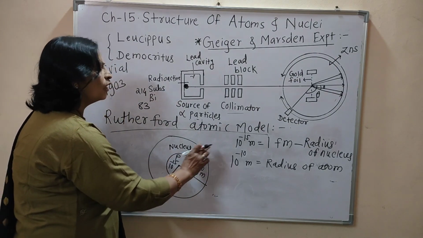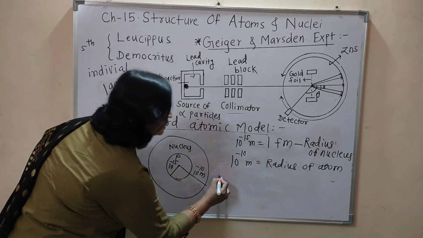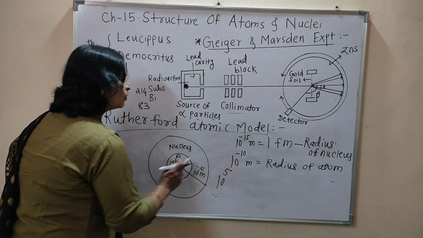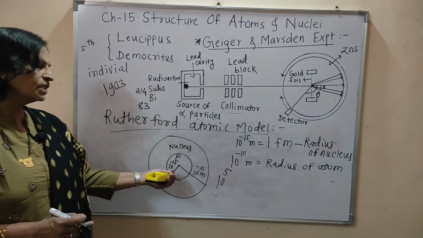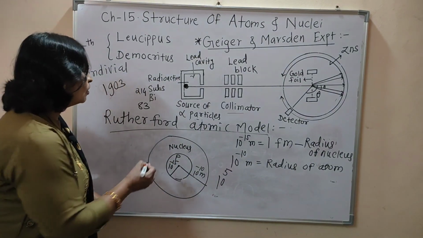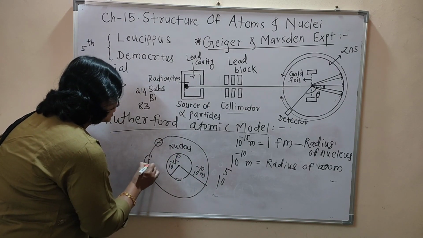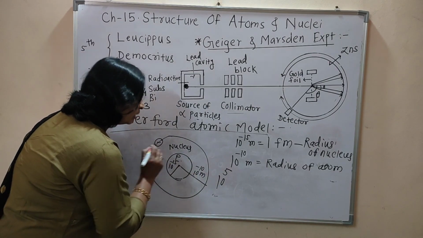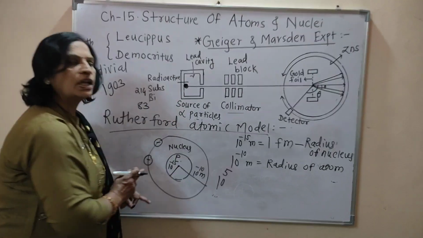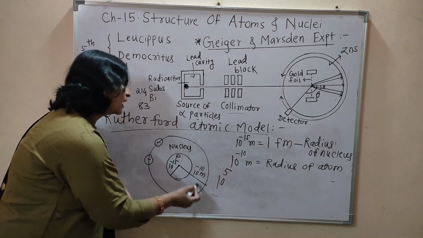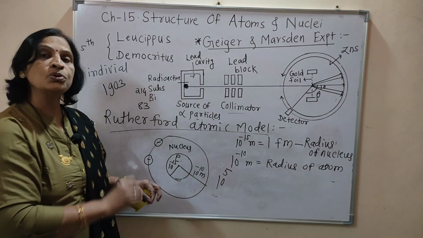The radius of this nucleus is 10 raised to 5 times smaller than the radius of the atom. Means this is very small. And electrons are revolving around this nucleus in a circular path, like the planets are revolving around the sun in a solar system.